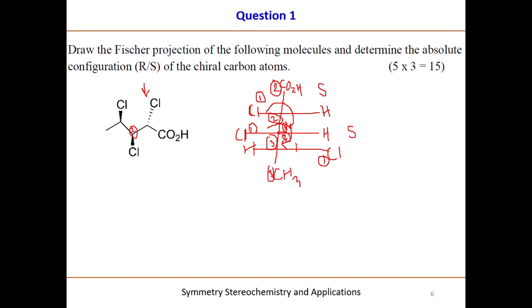Now it will go counterclockwise, but because of the same reason, the hydrogen group is present on the horizontal line, the configuration will be reversed here, and it will become R. So the absolute configuration for these chiral centers is S, S, R, and the correct Fischer projection is written already here. So I hope all of you are clear here.